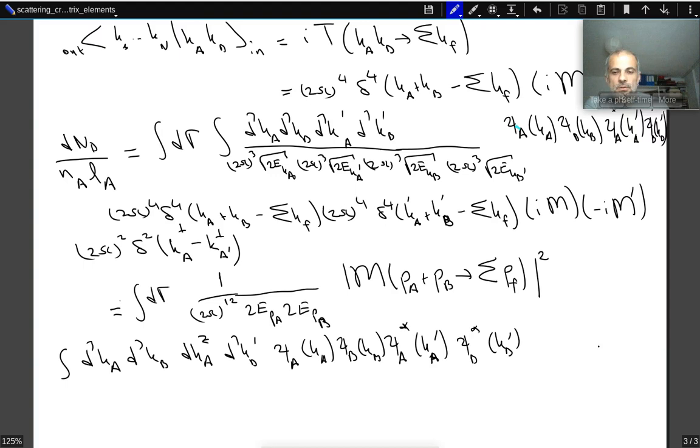But from this point on, I will be assuming that Ka prime perp is actually equal to Ka perp. And so I wrote the wave functions.